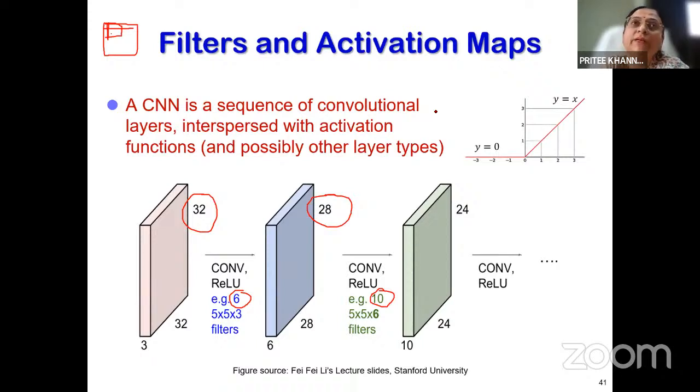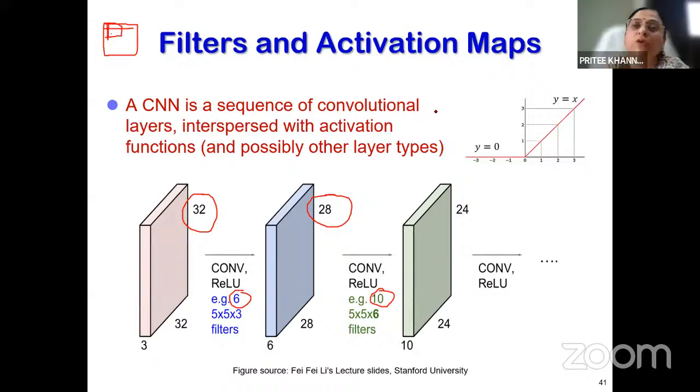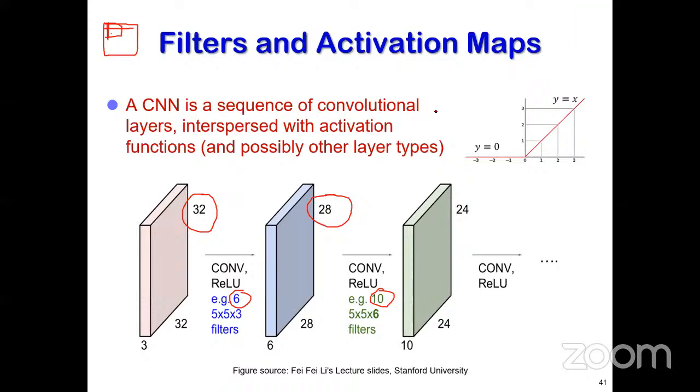So no matter if your filter is 3 cross 3, 5 cross 5, 7 cross 7, it is not like if 3 cross 3 is there, then 1 bias, 5 cross 5, then 2 biases. It is not like that. Whatever the size, whatever your filter may be, corresponding to those weights, that filter, there is one bias. So the depth depends upon how many filters you are using, and each filter has a bias. Okay, ma'am. Yeah, thank you, ma'am.